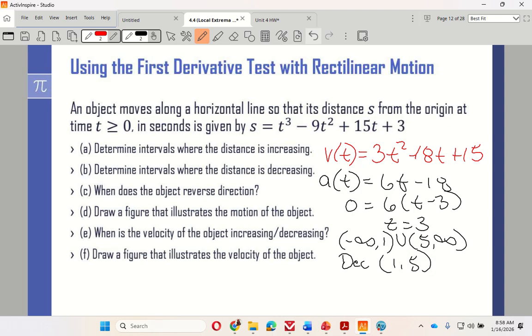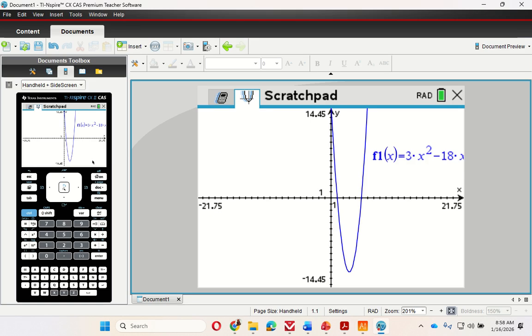And here's the graph for the velocity of the object. So we know that right here, as the slope of this is going down, it's going down to right here where it's changing concavity, and then it's going to change to go this way. So the slope becomes positive at that point. So the slope of the slope becomes positive.